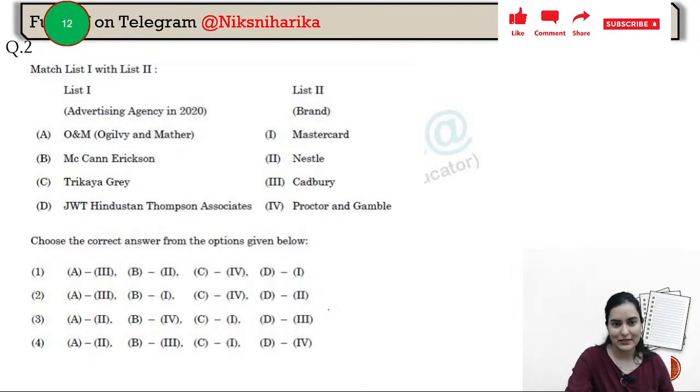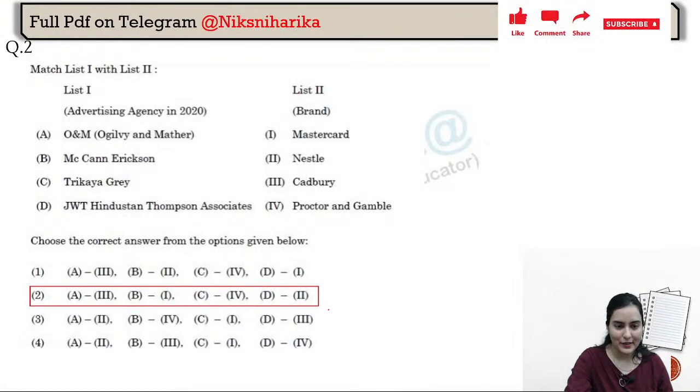Now, this is again a weirdo kind of question, but okay, NTA gives ONM, Mackin, Trikaya Gray, and JWT Hindustan Thompson Associates. If you are trying to match, don't worry, we will not be able to match. Okay, so let me give you the answer directly. It is ONM. ONM is the advertising agency of Cadbury.